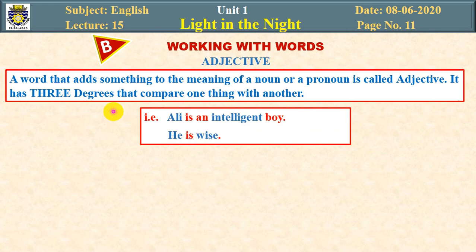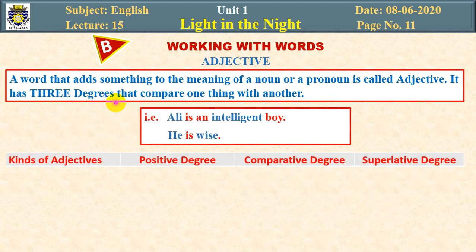Now we move to the formation of degrees, formation of comparative and superlative degrees. As I have discussed in the definition, almost all the adjectives have 3 degrees. The first degree is called positive degree, the second degree is called comparative degree, and the third degree is called superlative degree.